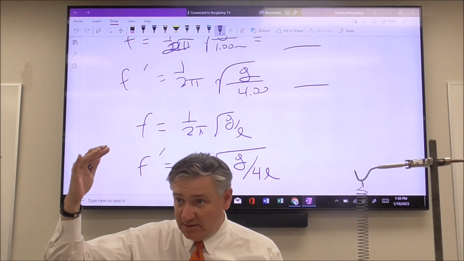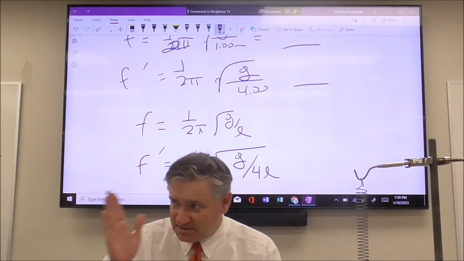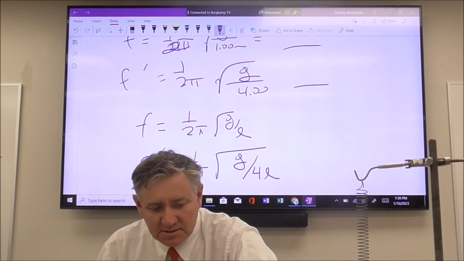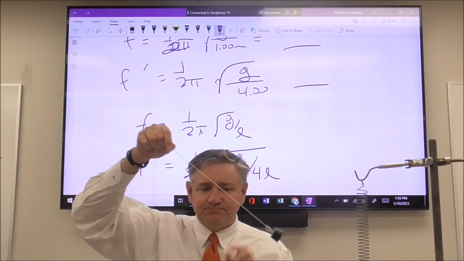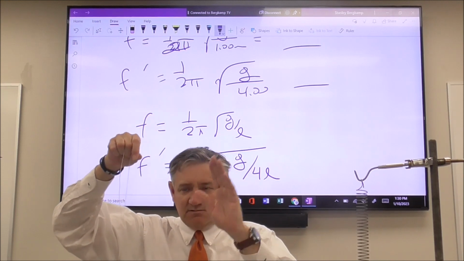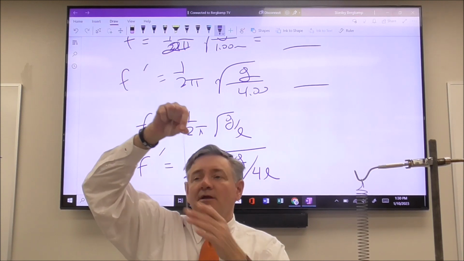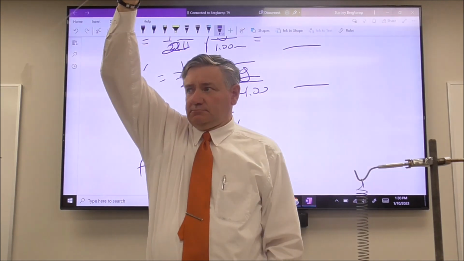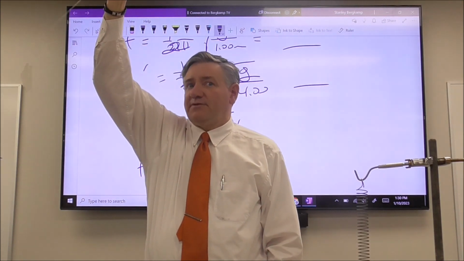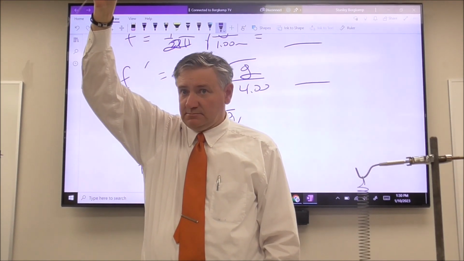You've increased the length. Now, let's just think this through. Here's a pendulum like this. It has a certain frequency. Visualize what that frequency is. Now, I'm going to make it really, really long. Increase that length. So what's happened to the frequency?